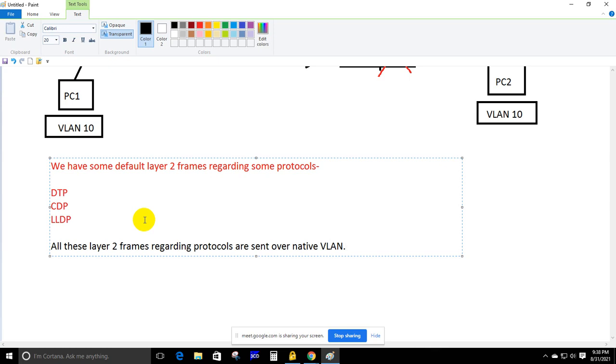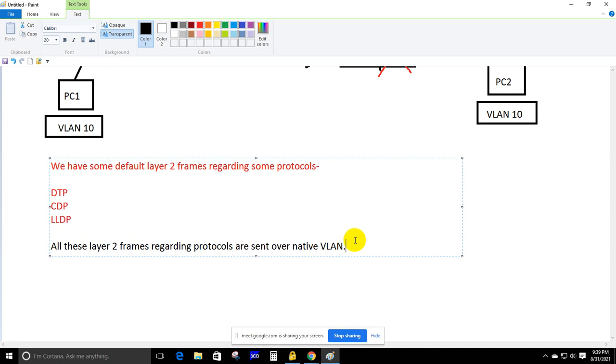Clear? The frames related to DTP, CDP, LLDP are sent over the native VLAN. That means in case of .1Q, all these frames are sent untagged.